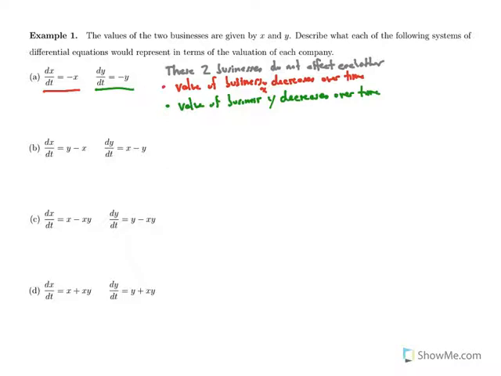All right, in the second one, we have dx/dt equals y minus x, and dy/dt equals x minus y.